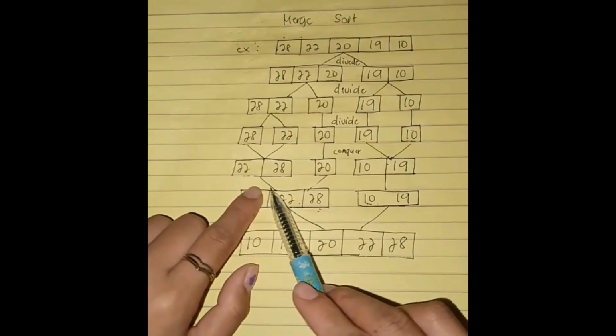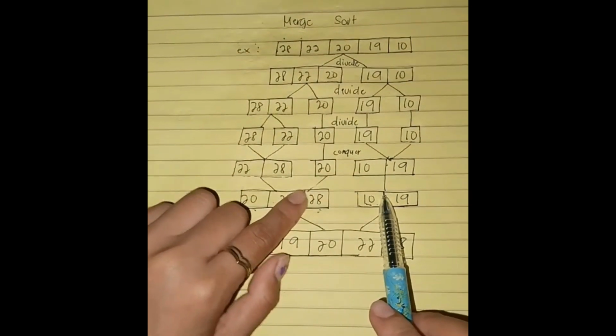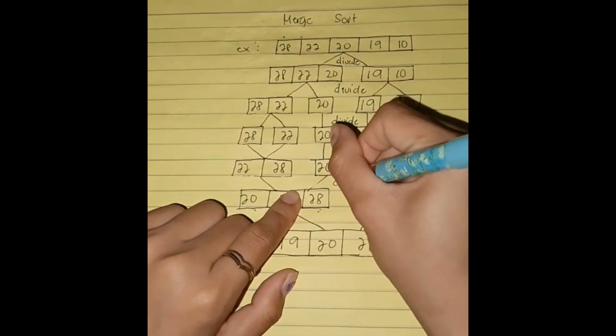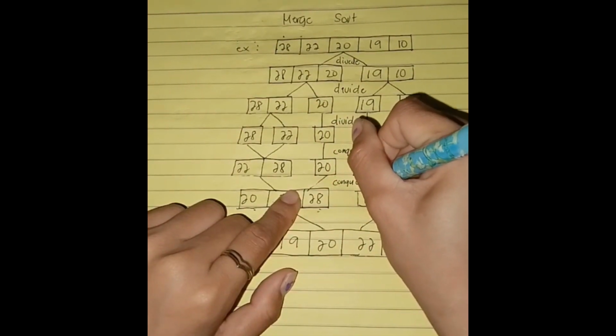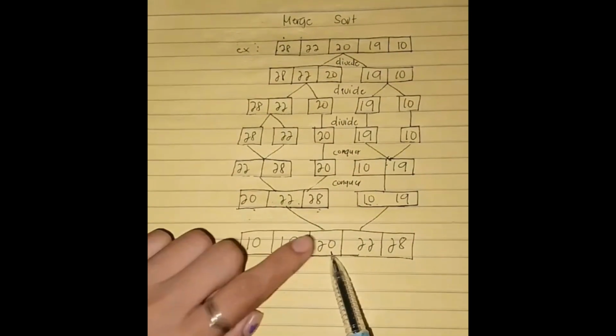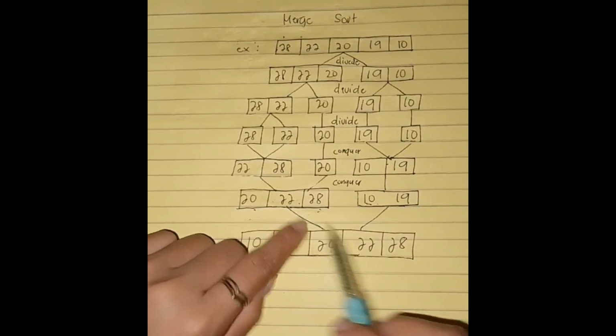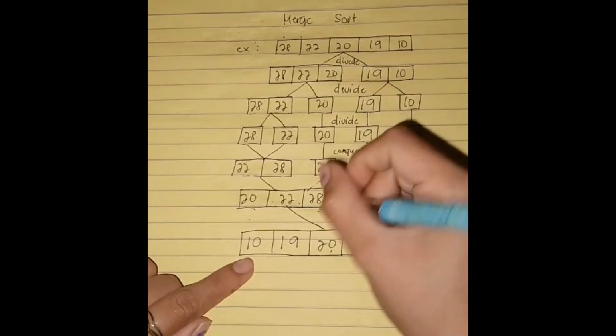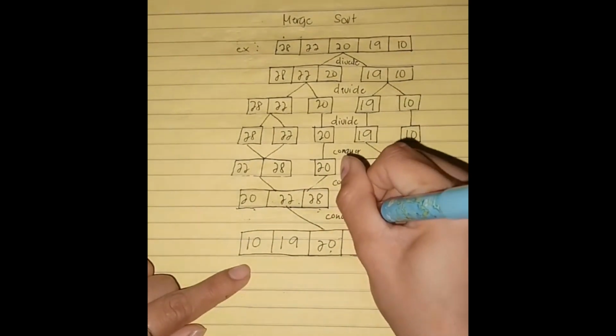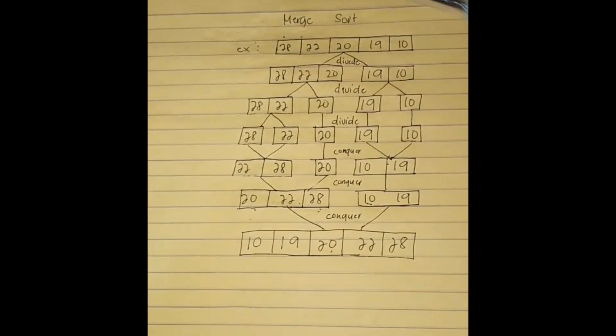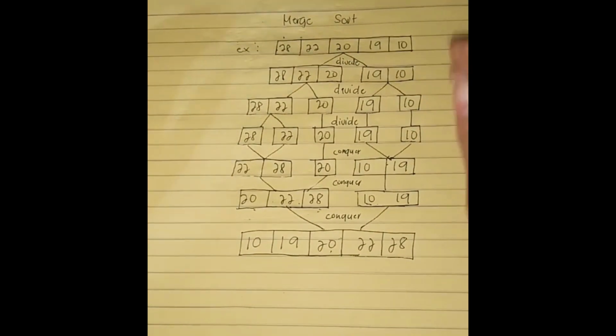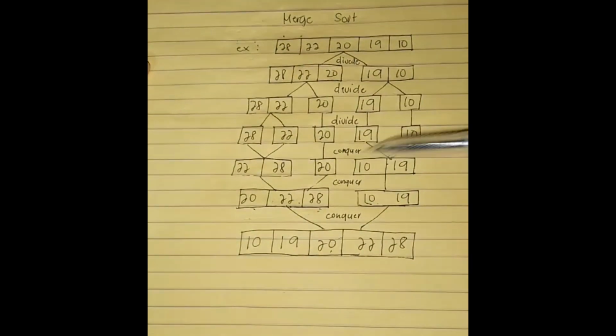Dito rin, i-conquer natin. Dito, i-conquer din natin. Balance sila. Then, dito naman i-conquer natin. Ito ang example ng merge sort.